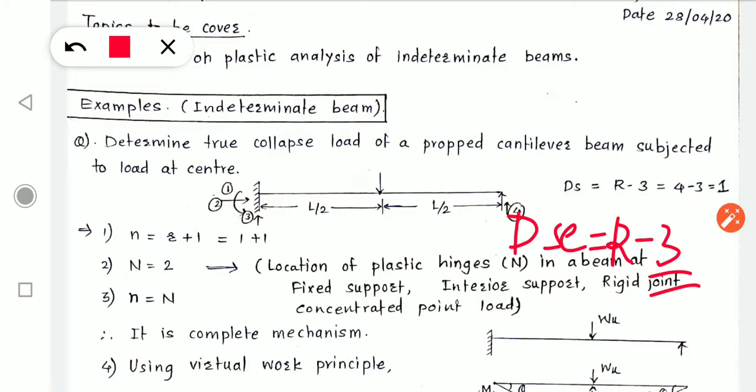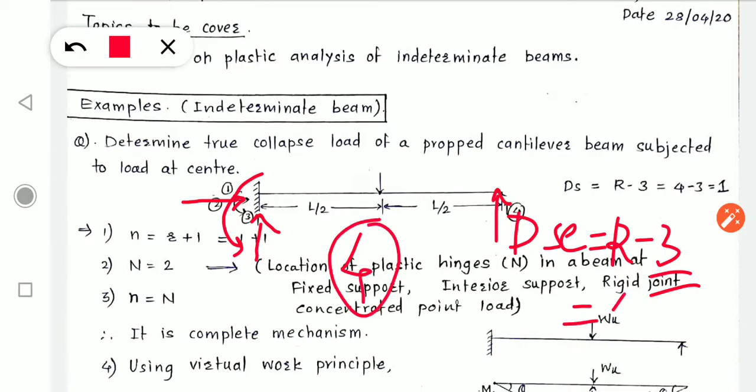Now let's find the reactions. How many are the reactions? I have counted over here: vertical reaction at the fixed end, horizontal reaction at the fixed end, as well as moment because it's a fixed end, and the simply supported reaction. So in total we have 4 reactions. Here the DSE will become 4 minus 3, giving us a value equal to 1.